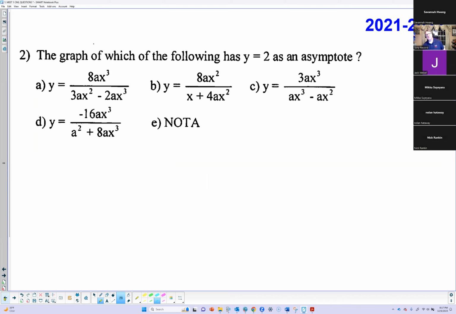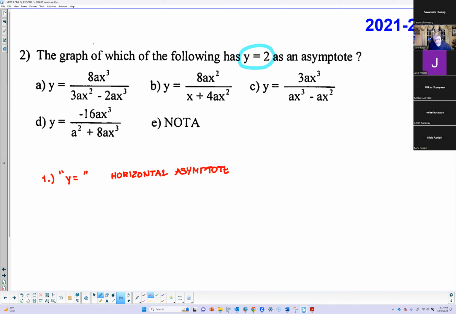And so what you're going to have to do here, you guys, is remember, first of all, what kind of asymptote is a y equals? So that's the first line of thinking. Y equals are horizontal asymptotes.